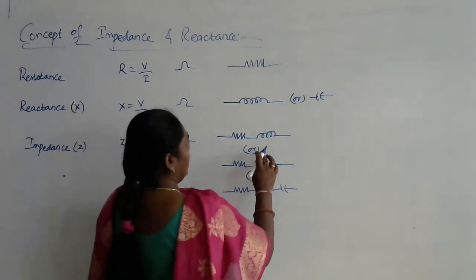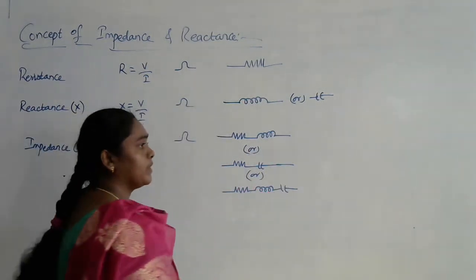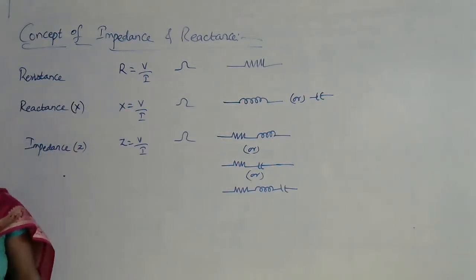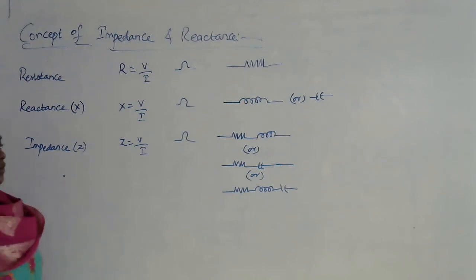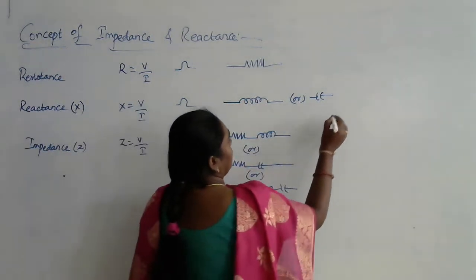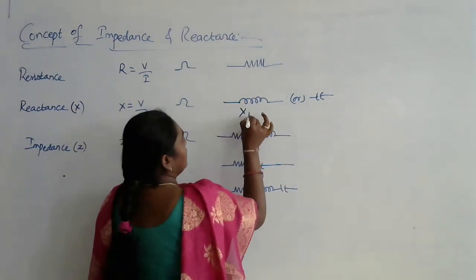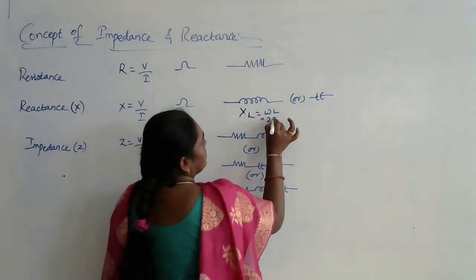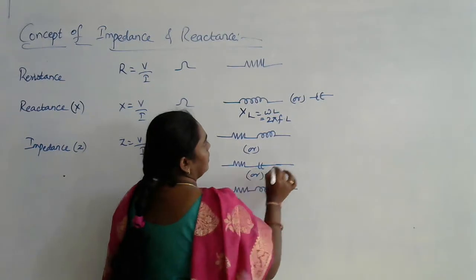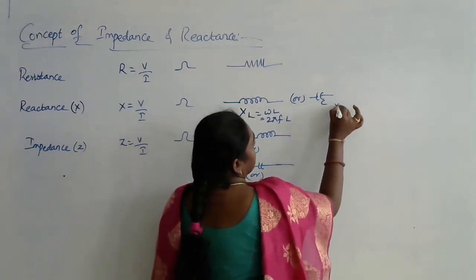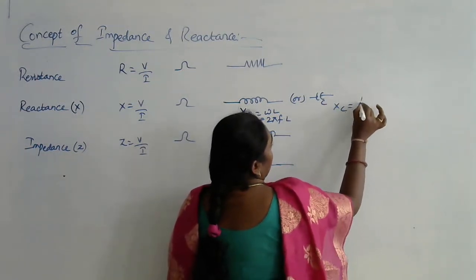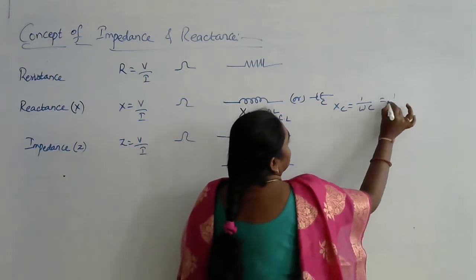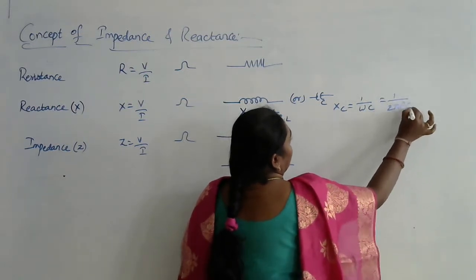If we represent all these in terms of vector quantities, in other words, XL is equivalent to omega L, where omega is 2 pi f, into L. Similarly, the capacitive reactance XC is 1 by omega C, which is equivalent to 1 by 2 pi fC.